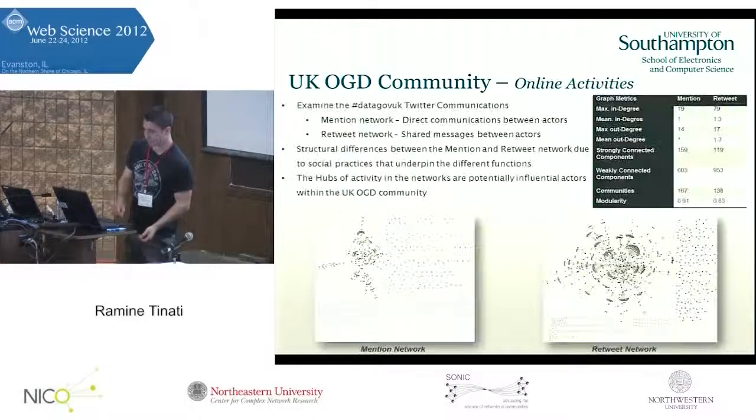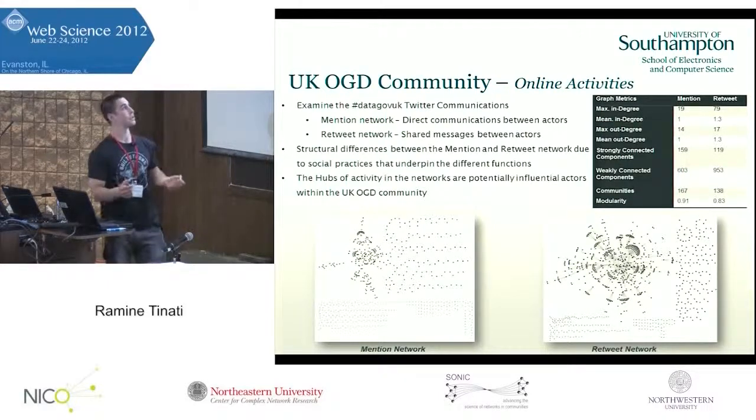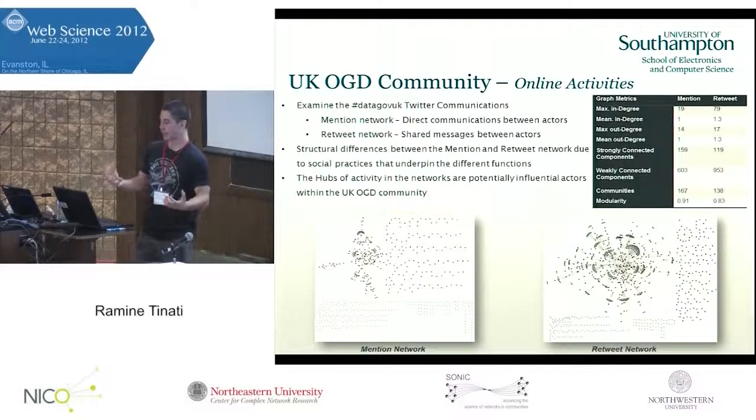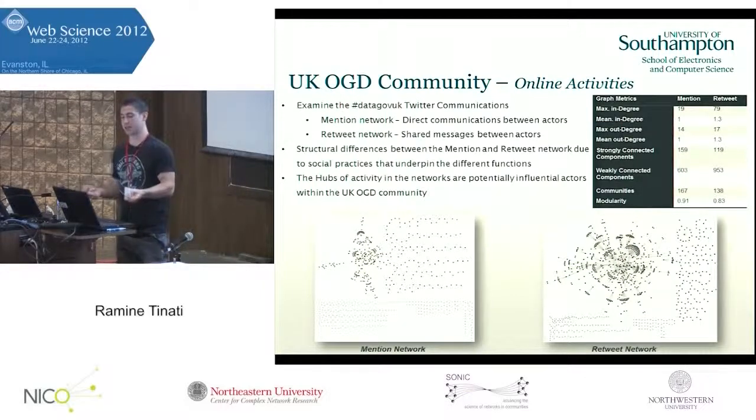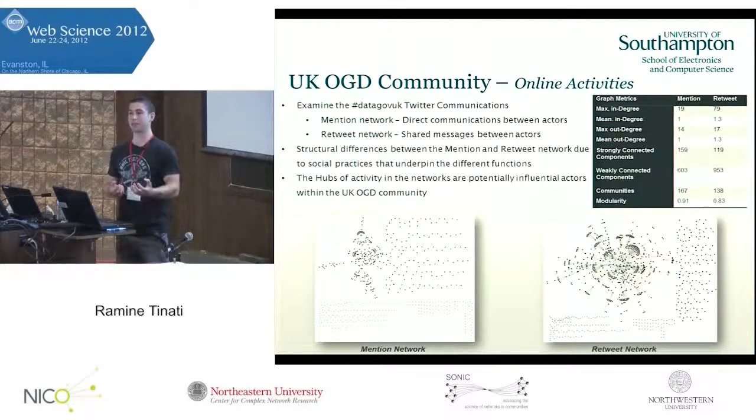So we can do the initial analysis, as you've probably seen quite a few times, and draw out from the Twitter network the mentions and retweets graph. By doing some standard graph metrics on it, we can see there are hubs of people that are more influential, highly retweeted more than other people.